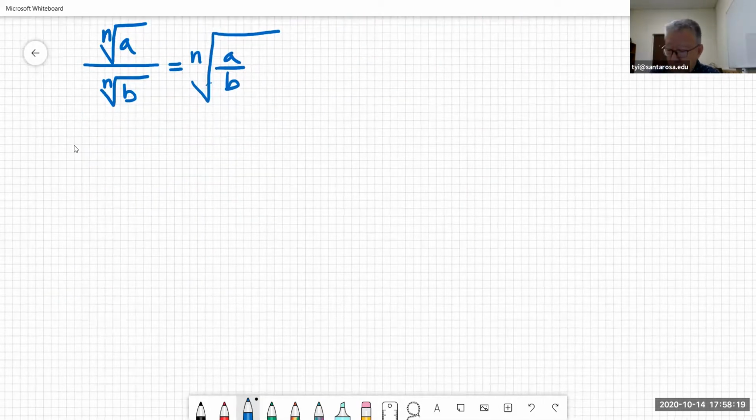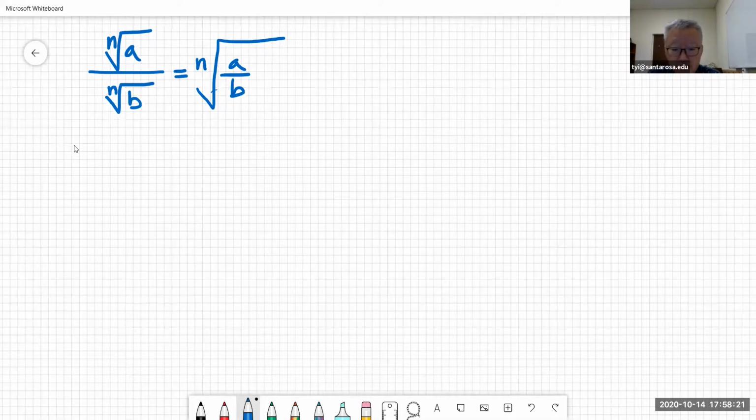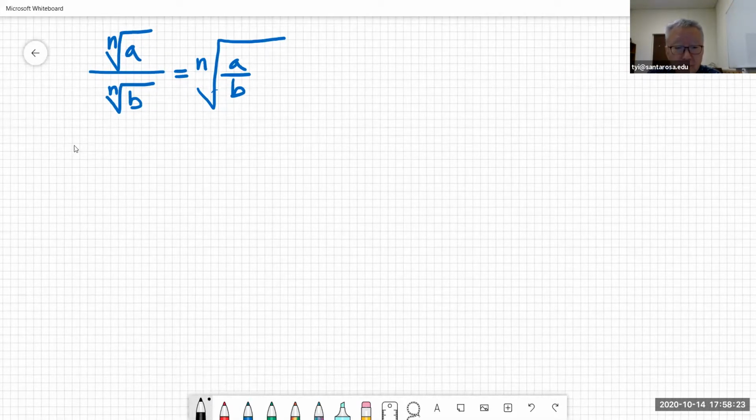So if I have something like this, let me just go back here. Okay. I have -2 cube root 54a.